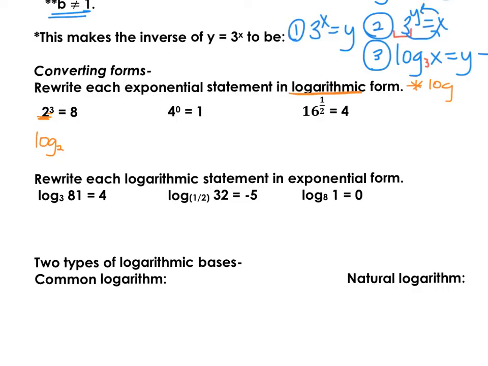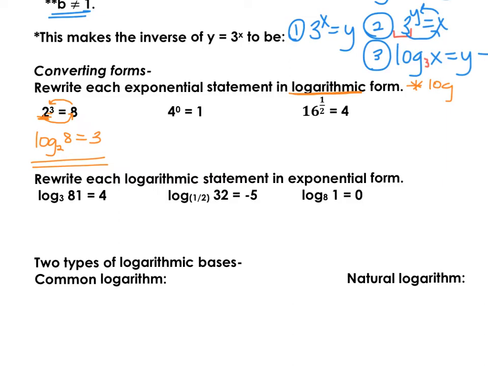Now, log base 2, what are we taking the logarithm of? It's that 8 over on the right-hand side. And again, 8 is in the same row as that log. And what should this logarithm equal? It always equals that exponent on the left-hand side, which is 3. So you're literally just rewriting the inverse in logarithmic form. Log base 2 of 8 equals 3.